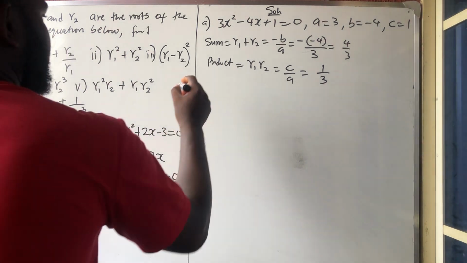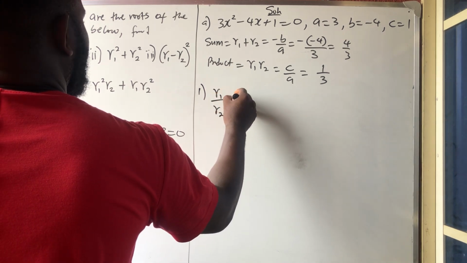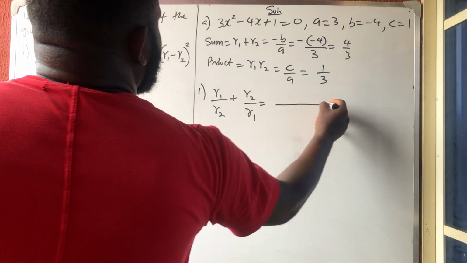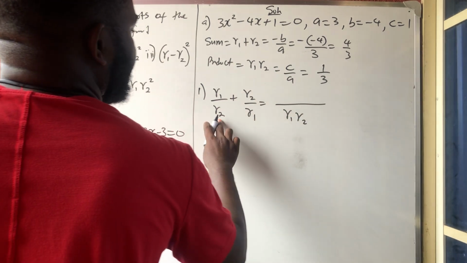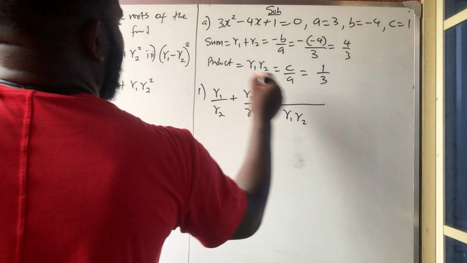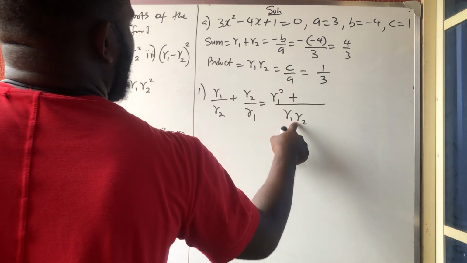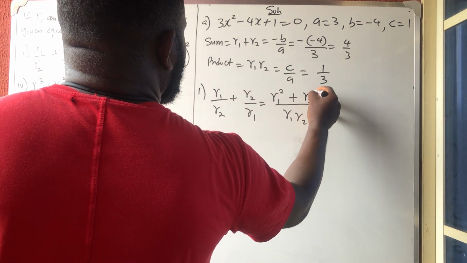Since I've gotten the sum and the product, I can now find all these things. So to find r1 over r2 plus r2 over r1, by LCM, these two will give me r1 r2. When these two divide, r1 times this will give r1 squared, plus, when this divides, r2 times this, I'm having r2 squared.